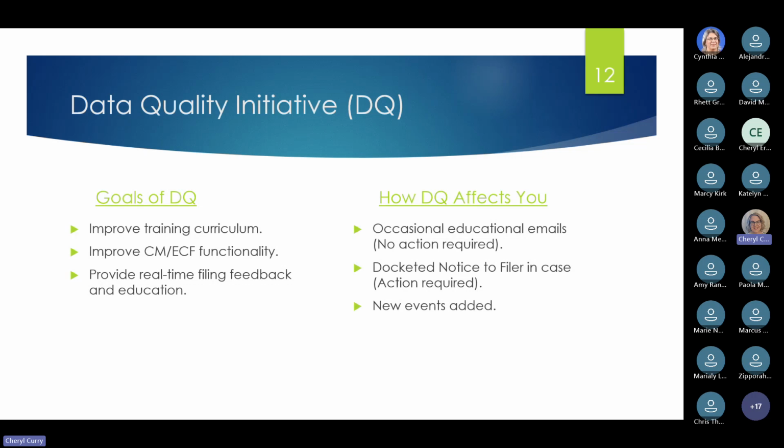We've noticed that people forget to redact, so now at the end of every filing, it says, hey, have you redacted? Things like that. This helps us make the system a little more user-friendly and comprehensive, easier and more efficient for you to get what you need done. So any questions about our data quality program?